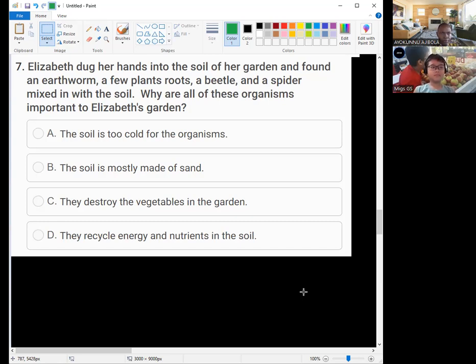Why are all of these organisms important to Elizabeth's garden? Option A. The soil is too cold for the organisms. Option B. The soil is mostly made of sand. Option C. They destroy the vegetables in the garden. Option D. They recycle energy and nutrients in the soil.